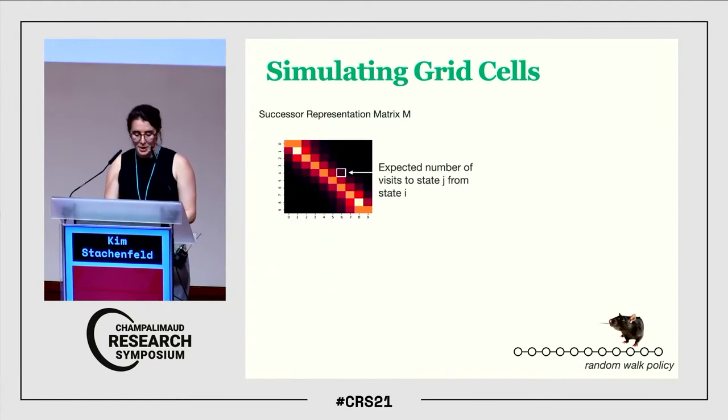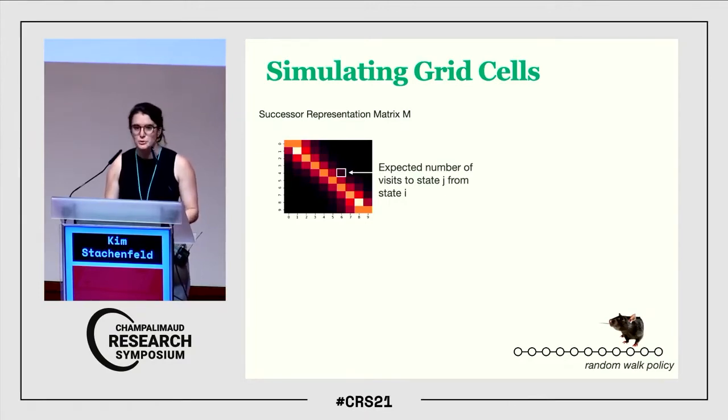So for the grid cell part, we're modeling grid cells as representing the compressed predictions. If we represent this in a more mathematical form, we're going to have a matrix which is representing your predictions about the future. In this case, it's the successor representation matrix, and it is for this problem where we have a rodent that's on some location on a discretized track.